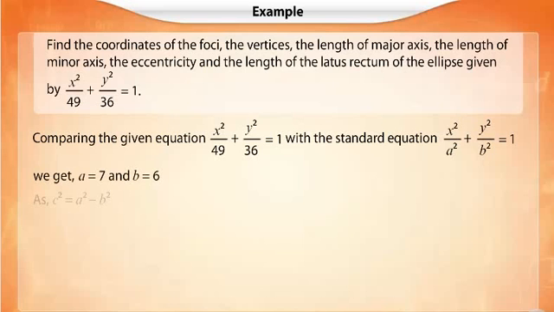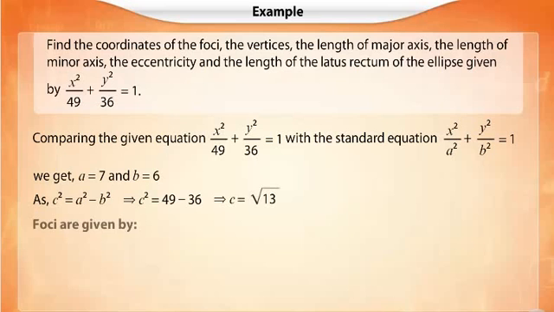Use equation c square equal to a square minus b square to find the value of c, which is the distance of the focus of the ellipse from the center. Substituting the values of a and b, we get the value of c as square root of 13.